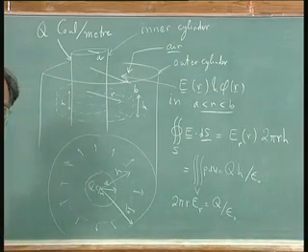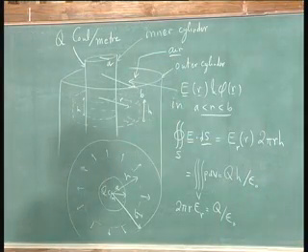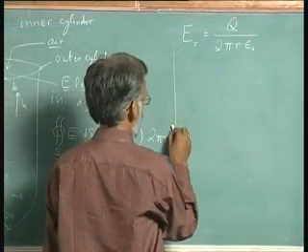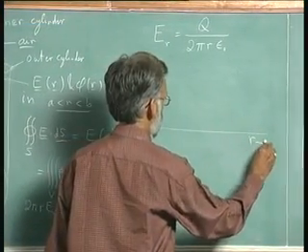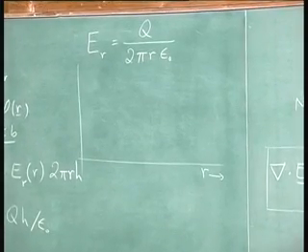So, solving this, I get the electric field. The electric field, which is in the radial direction, is equal to the charge per meter divided by 2 pi r epsilon naught. So, if I plot this, this is the radius, so the radial distance.